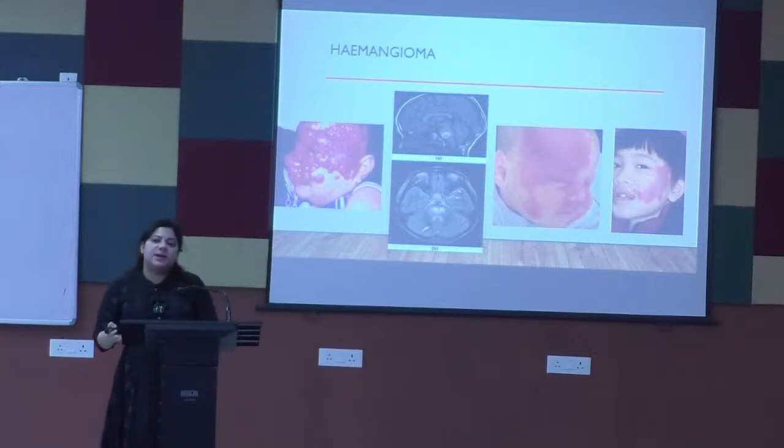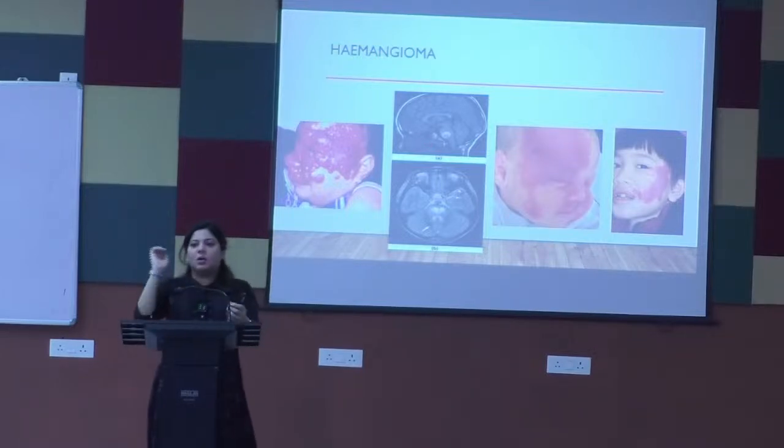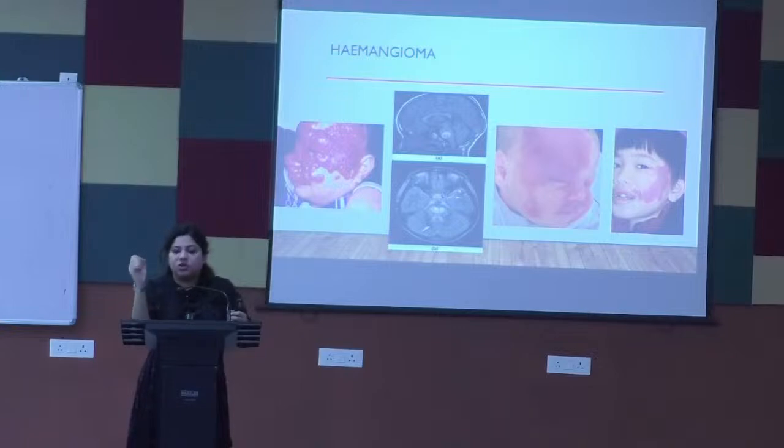So some basic tenets: in children, mostly they can also come with genetic mutations. The syndromic association is more commonly found in children. Obviously, they are born with some kind of mutation, and that is why they are developing this kind of tumor.